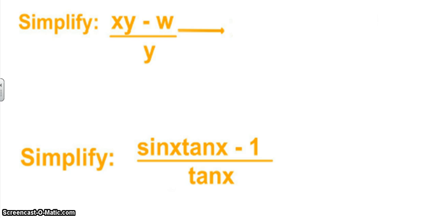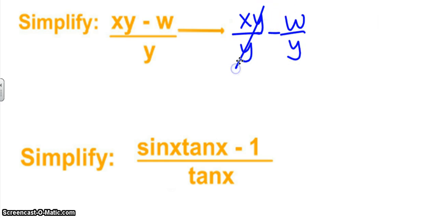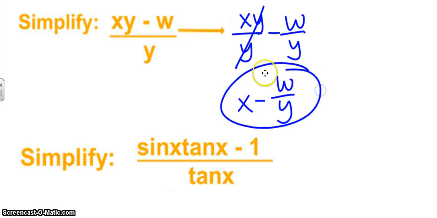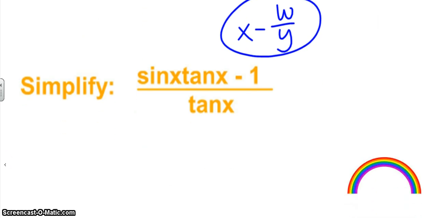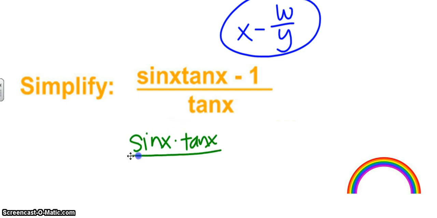Alright, so let's use it for a connection. This we just said you would want to split up into xy over y minus w over y. Y's will cancel. X minus w over y. So likewise, here's our rainbow connection. I'm going to take the sine of x times tangent of x over tangent of x. Split that up with the fraction 1 minus tangent of x.